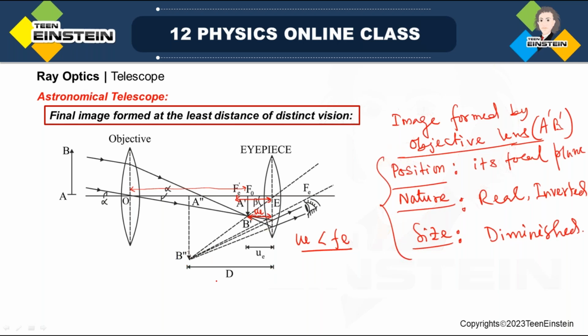So this is the final image. Here, this image position is minus D. And this is U, the object position, minus U for this eyepiece.